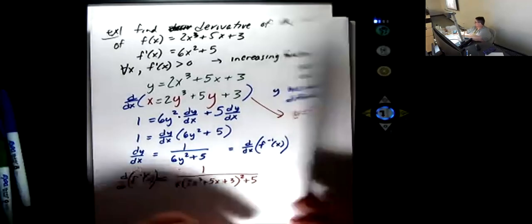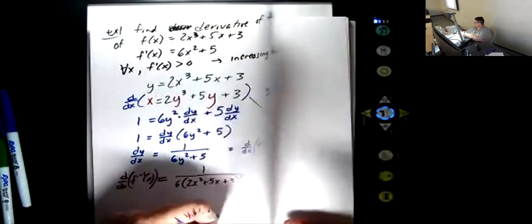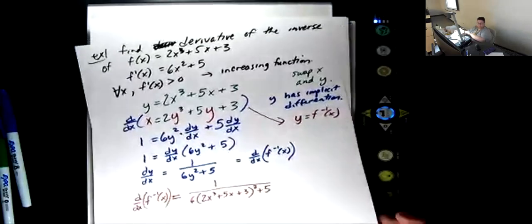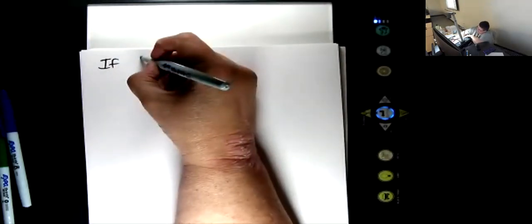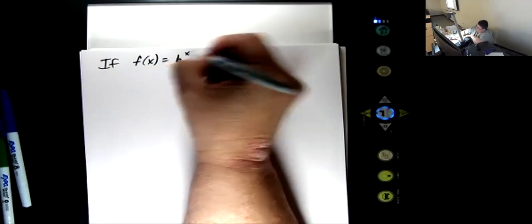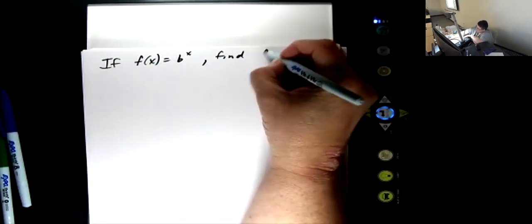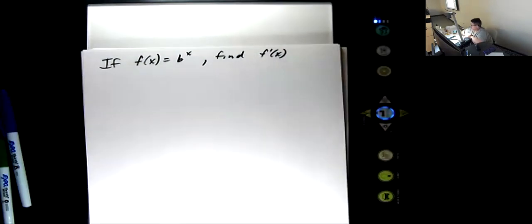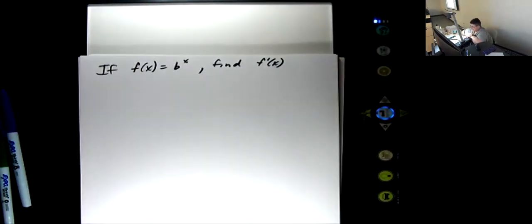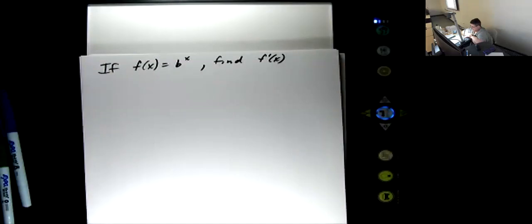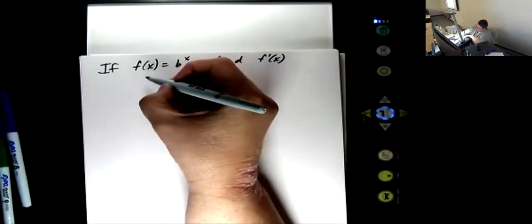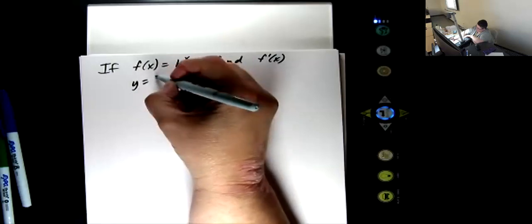So we did derivatives of natural logs and logarithms. Maybe we should do their inverses as well. Let's find, if f of x equals b to the x, f prime of x. So I'm going to say y equals b to the x.